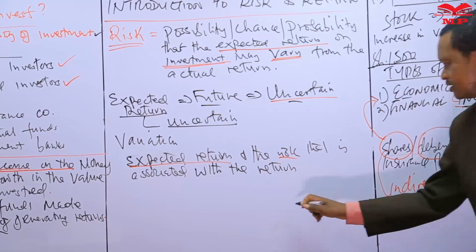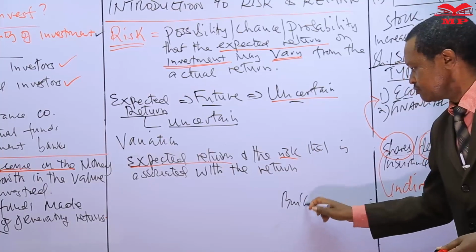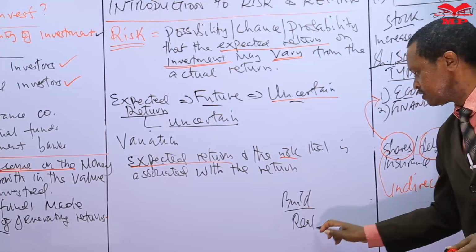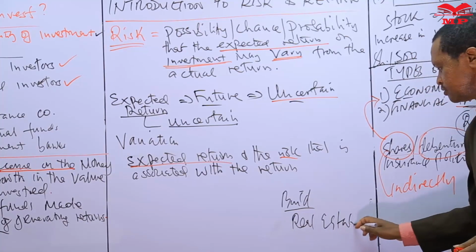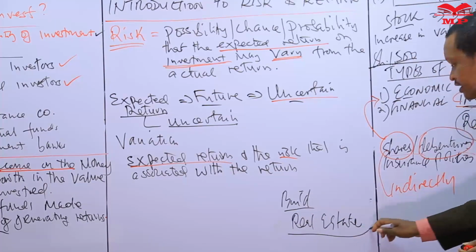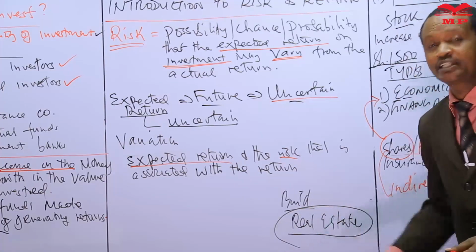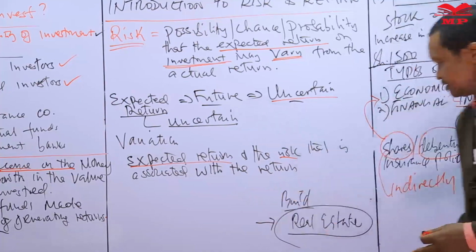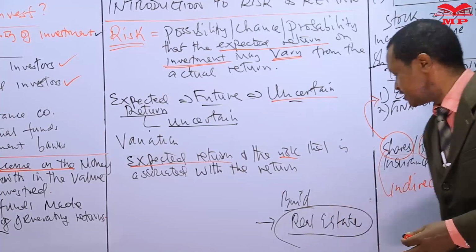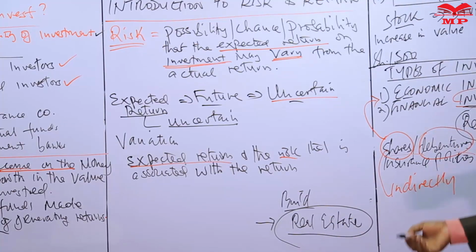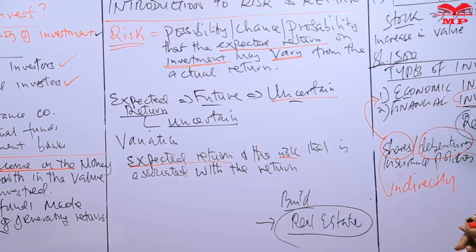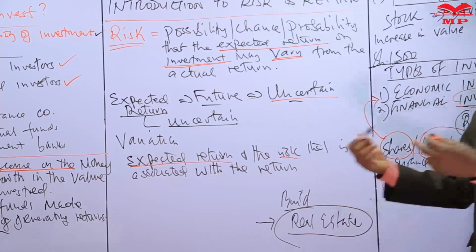Buildings fall under the asset class of real estate. Investment in real estate comes with risk. There are returns, but there are also risks. When you are investing in other assets like motor vehicles, there are risks associated with investment in motor vehicles. There are returns, but there are also risks.